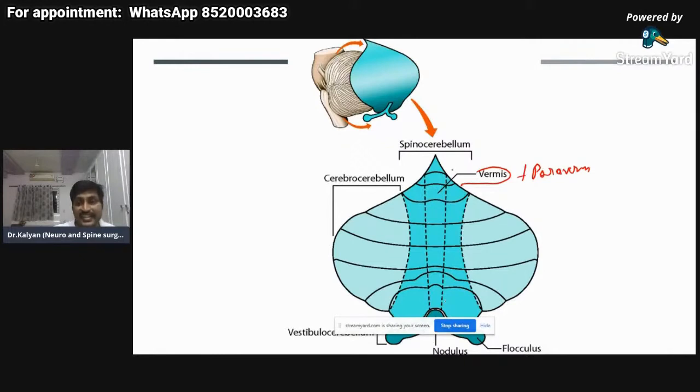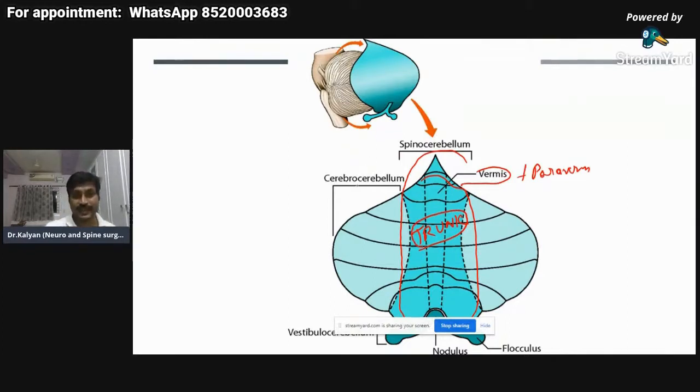And why is the distinction of spinocerebellum and cerebrocerebellum important? The spinocerebellum is mainly concerned with our trunk, the mid part. So the vermis and paravermian regions are mainly concerned with the balance of our trunk.